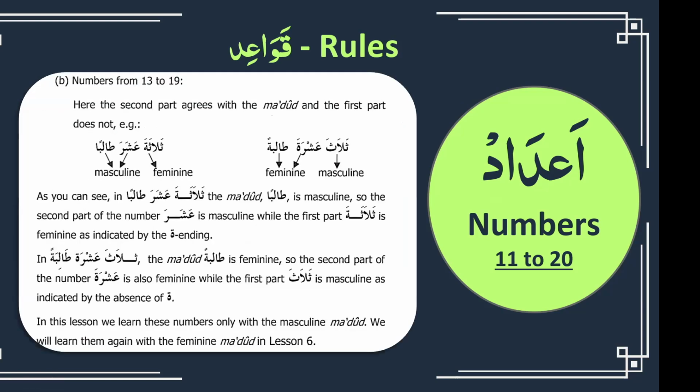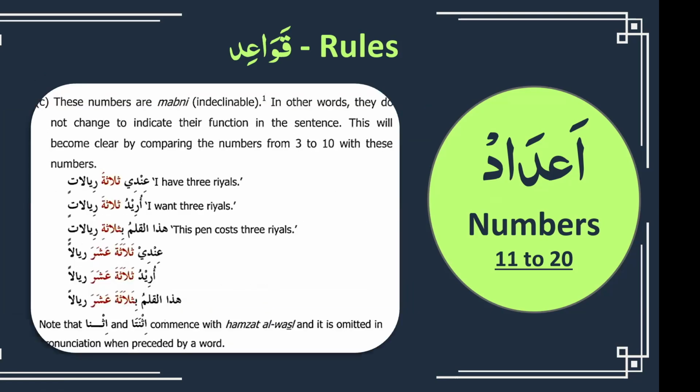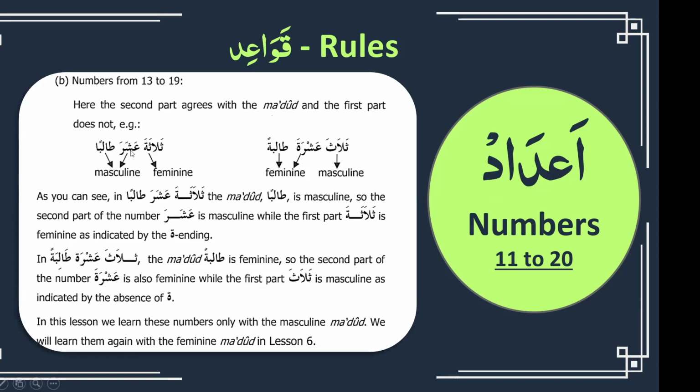However, when you go to the numbers 13 to 19, it will change. If you see over here, Salasata Ashara, the Ashara is agreeing with the noun. However, the first part, which is the feminine part, is not agreeing with it anymore. So for 13 to 19, the rule changes, because the digit three will not agree with the noun.